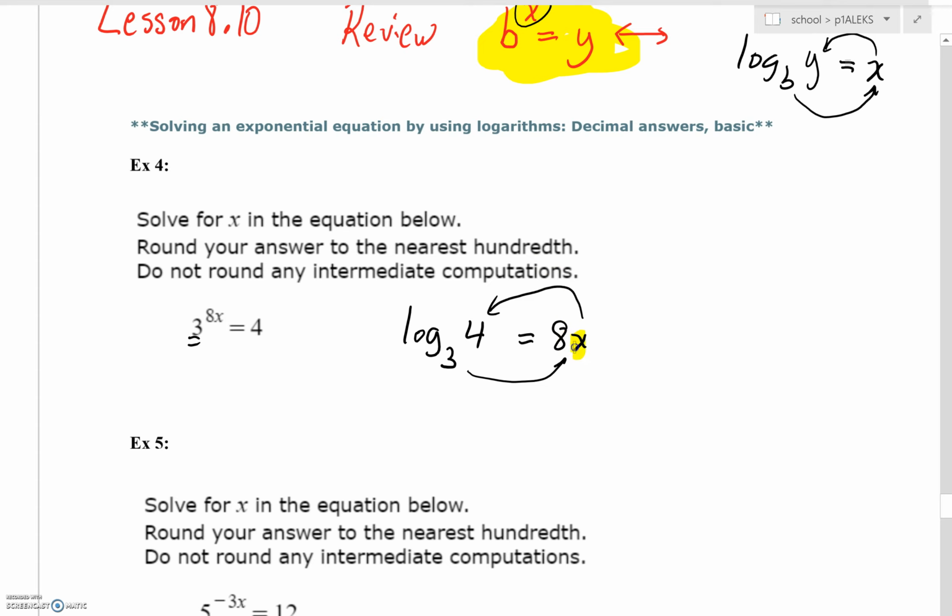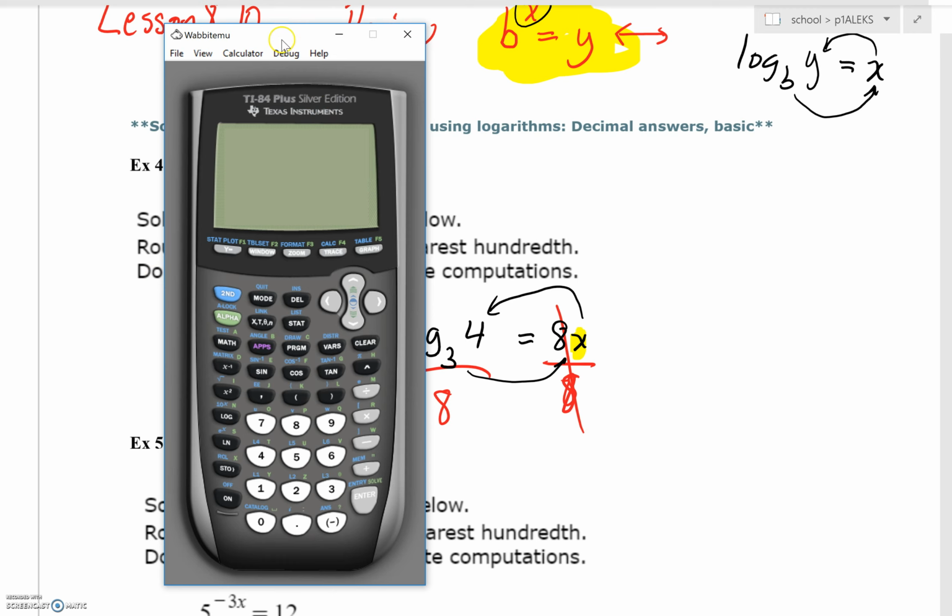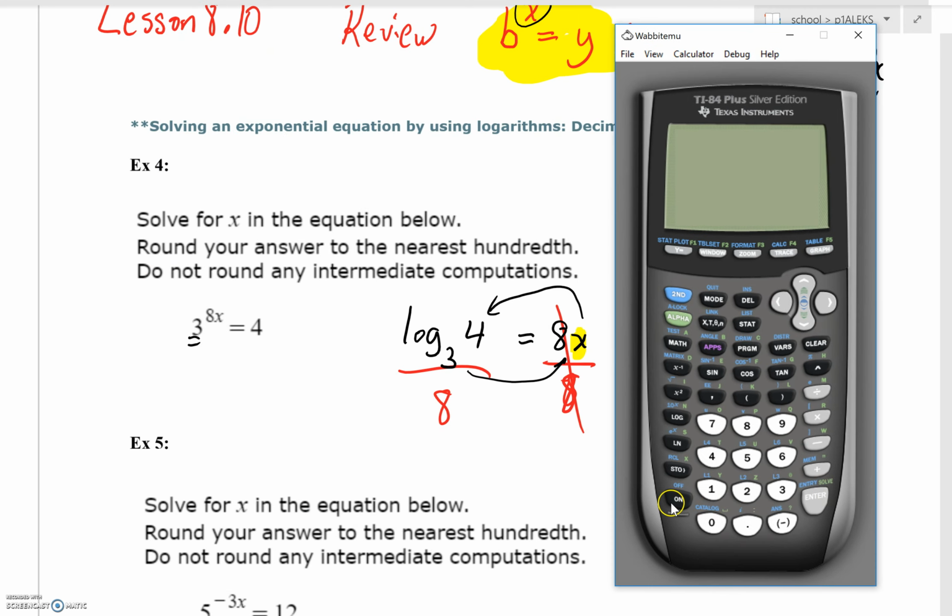How is this preferable? Well, right now you can see that we need to get our x alone. And I'm going to divide both sides by 8. And right now you'll have what x is equal to, but I'd like to show you something on the calculator. There is a wonderful tool under math. If we go all the way down to log base, we can enter in whatever log that we'd like.